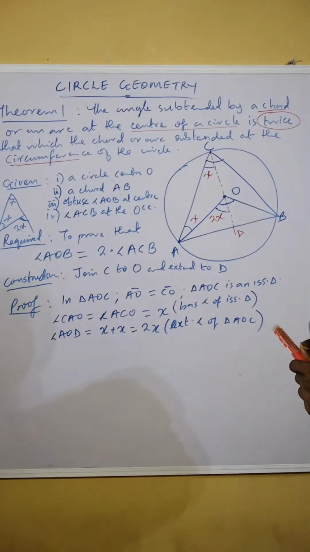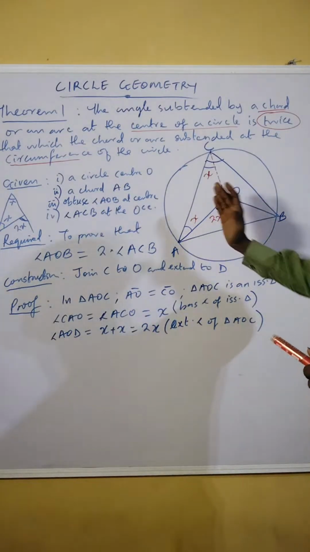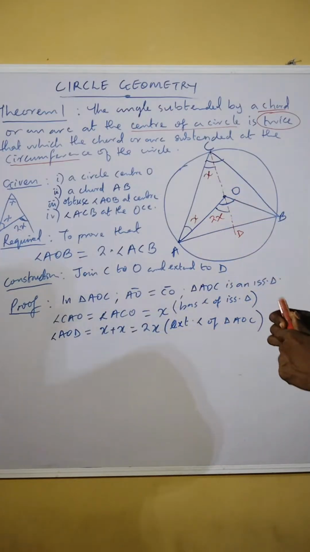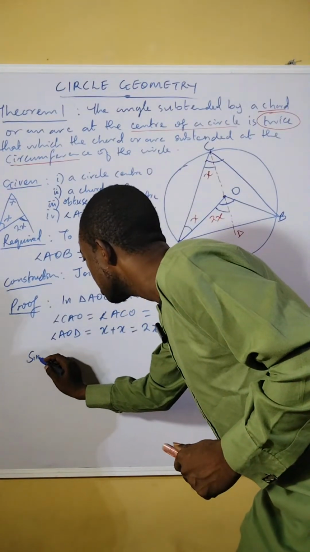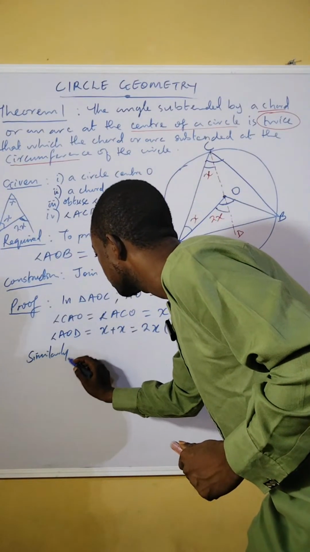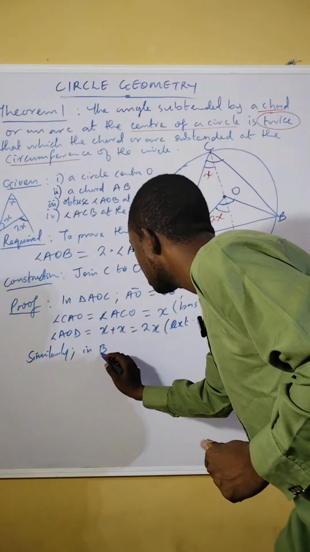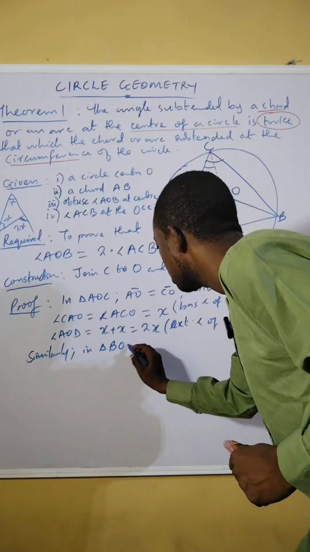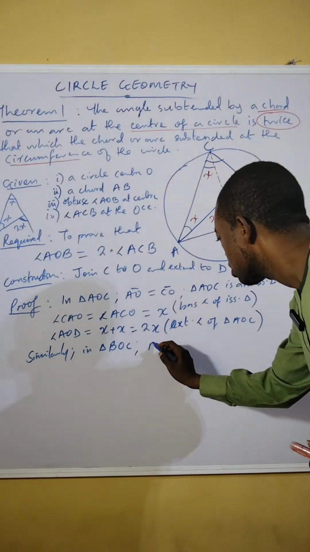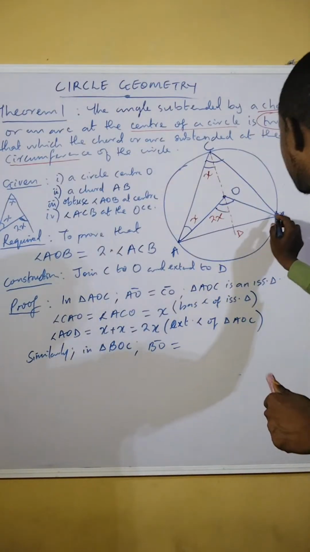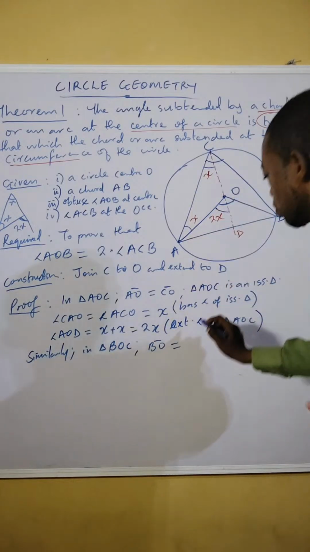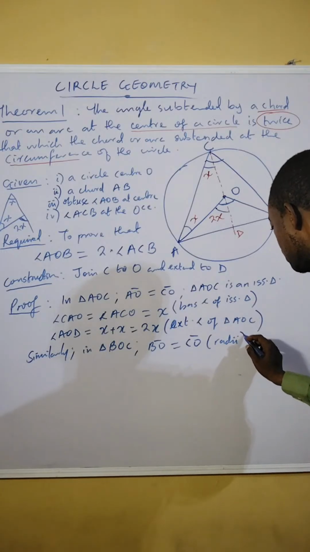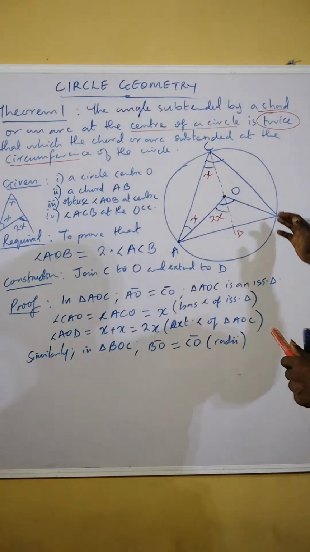Now, we are done with this side now. Similarly, we consider the other triangle, which is triangle BOC. So we can say that similarly here, in triangle BOC, we have two sides equal, which is line BO is equal to line CO. Now, also both are radii of the semicircle, and which makes this triangle also an isosceles triangle.